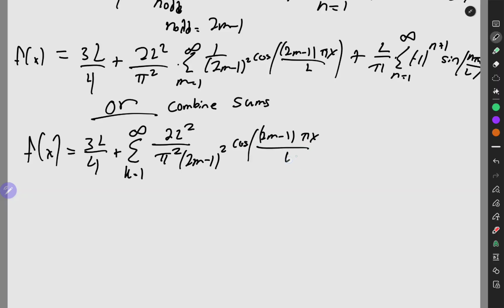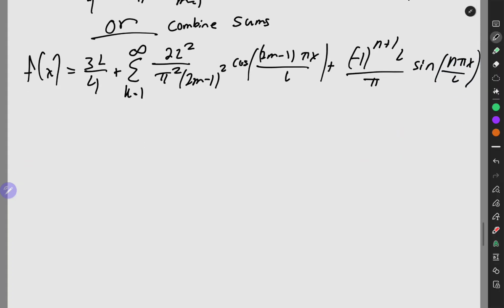Over L plus L over pi, n equals 1. Sorry. Plus L. Let me do this. Oh, I fit that one. Okay. So you can write it like this, and then you can take out what's common in both of these. So you can see we have an L over pi that's common in both of them.